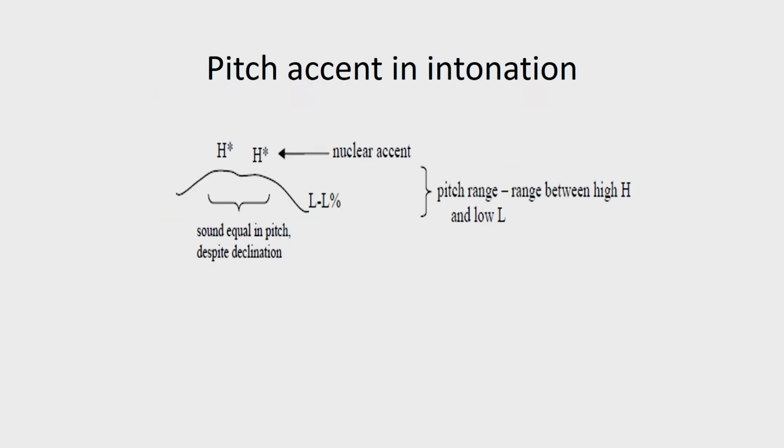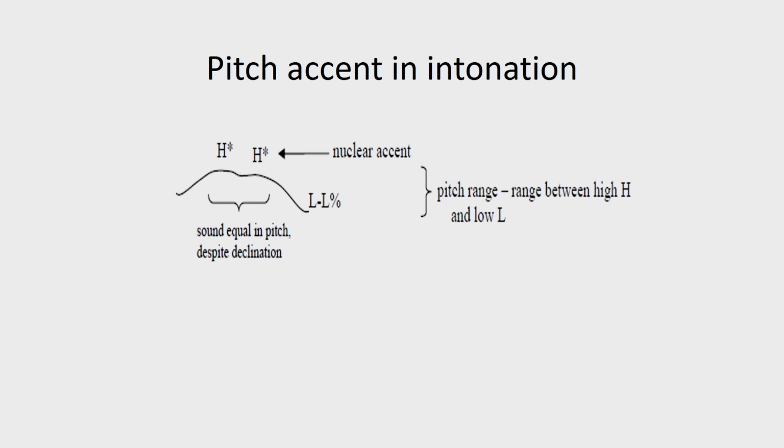So pitch accent in intonation. You can have the nuclear accent. As we said before, the relative differences do not matter so much. The range between high and low is pretty big, but between two highs it may not be very significant.